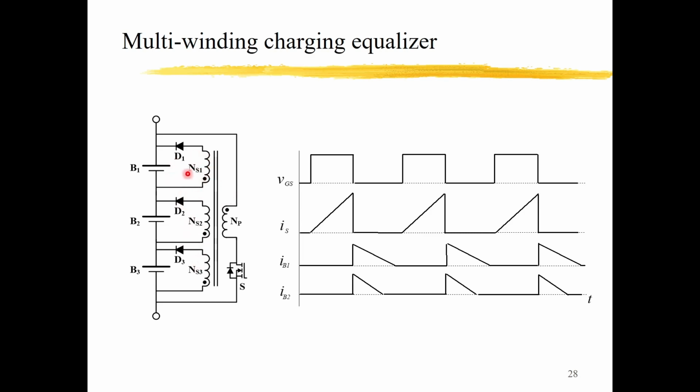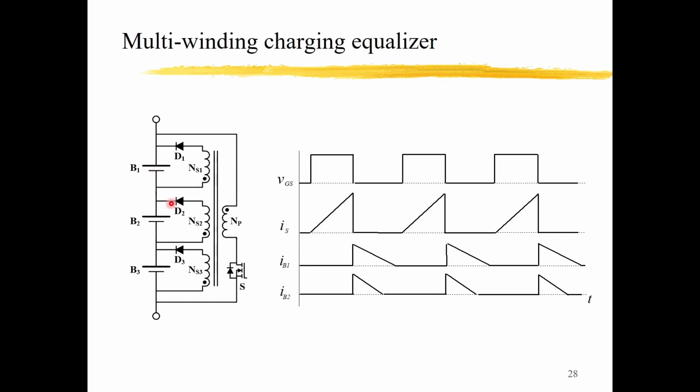However, because the secondary windings have the same voltage level, if for example B1 has the lowest voltage, the SOC is the lowest, then the current in battery B1 will be the highest. That means B1 will accept the most energy.